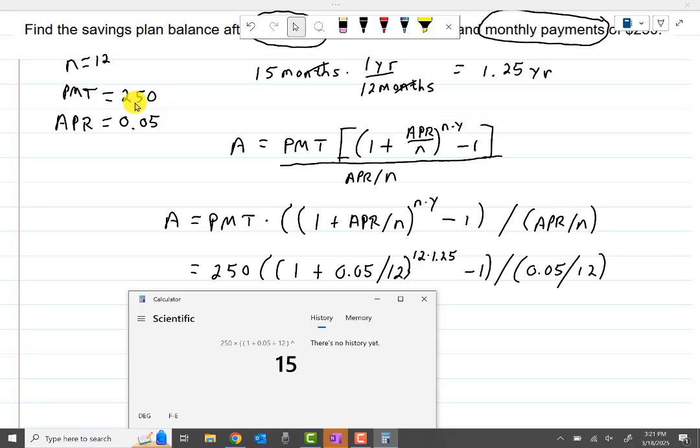And then I minus 1. I finish my parenthesis. And now I'll divide by the bottom stuff. So I'm going to divide 0.05 divided by 12. And enter. Let's see what we have here. It looks like 3861.37.